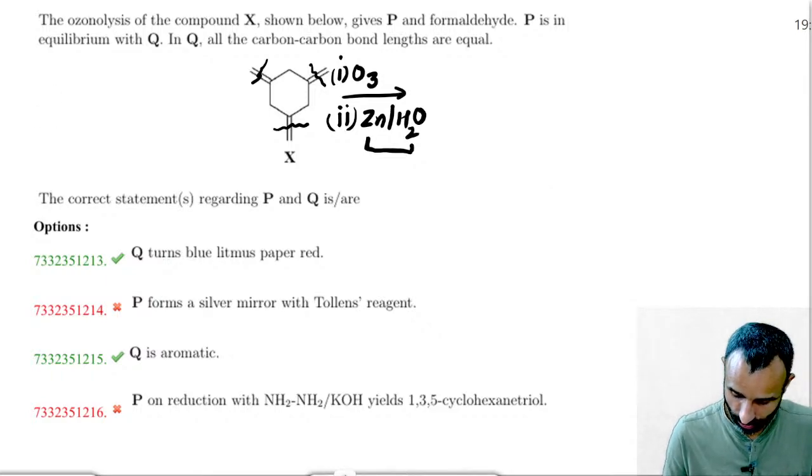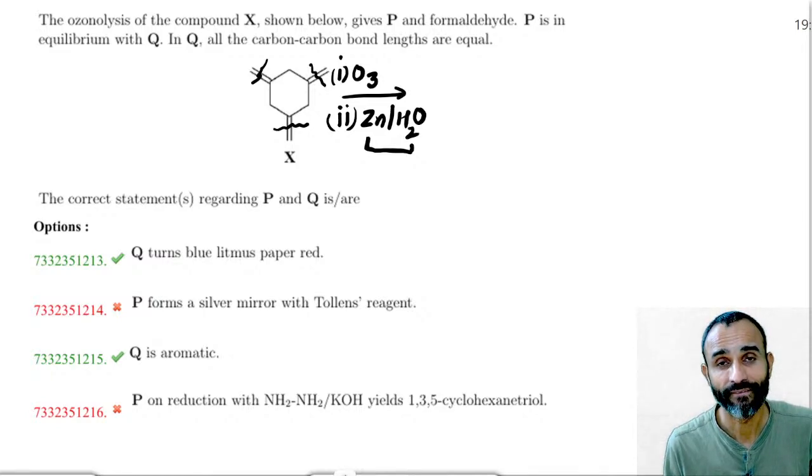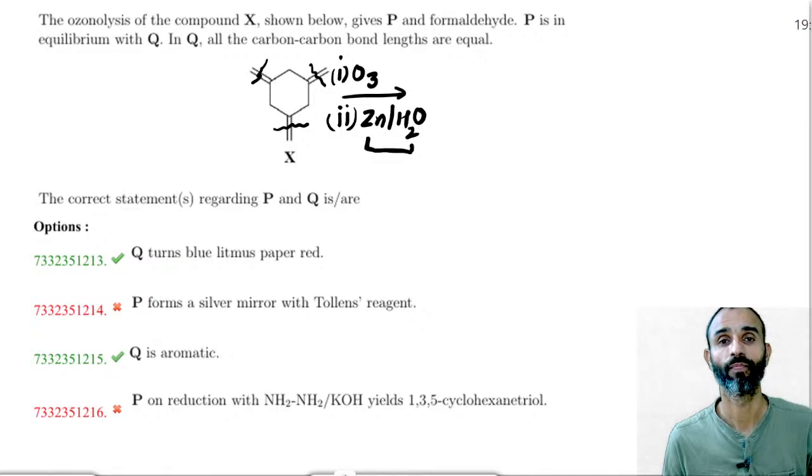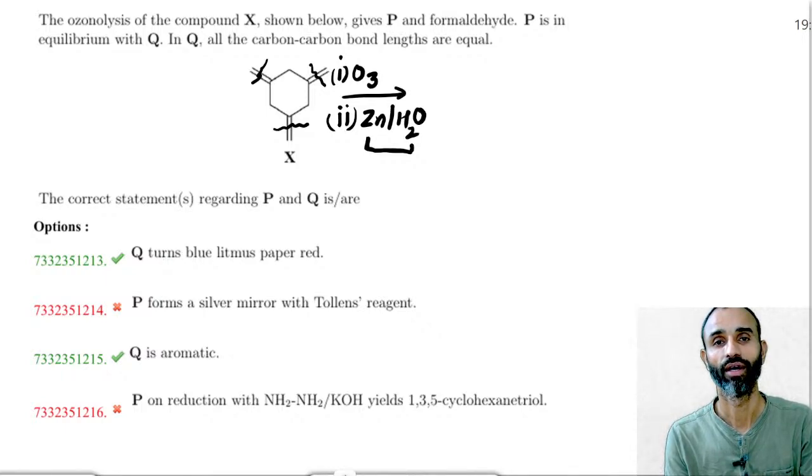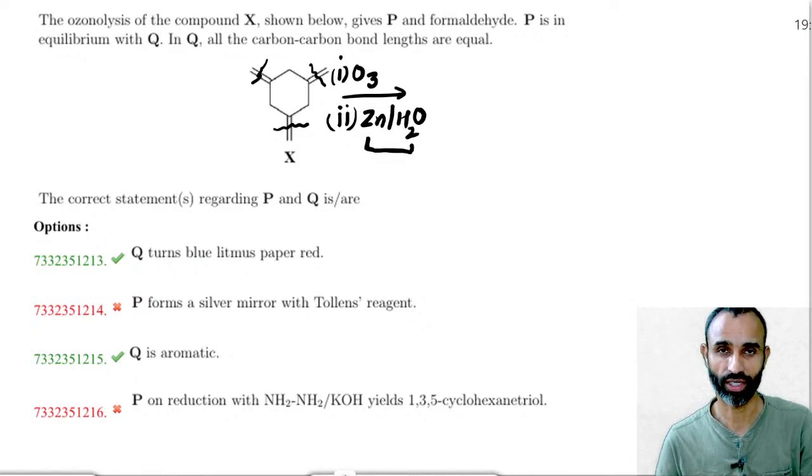How many different products will we get? We get two products, but there are three formaldehydes and one other keto compound.